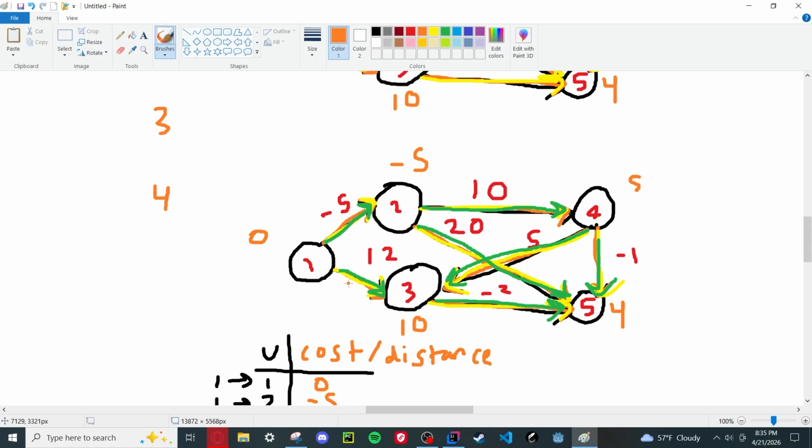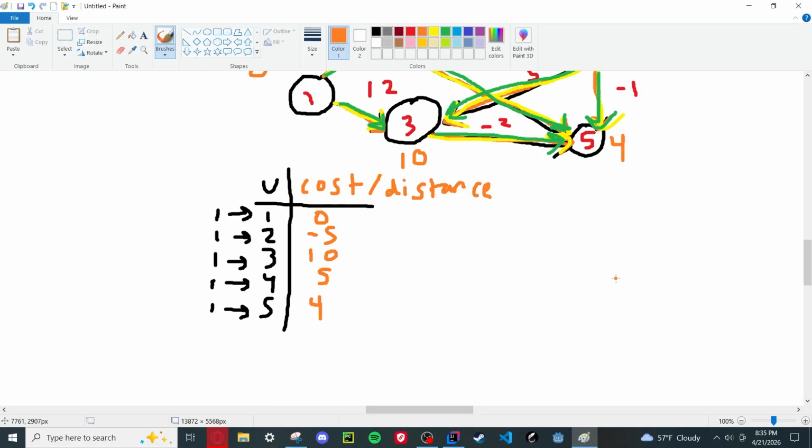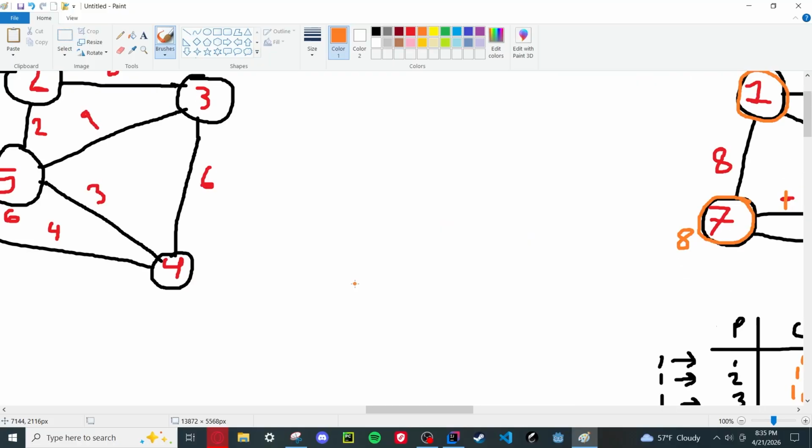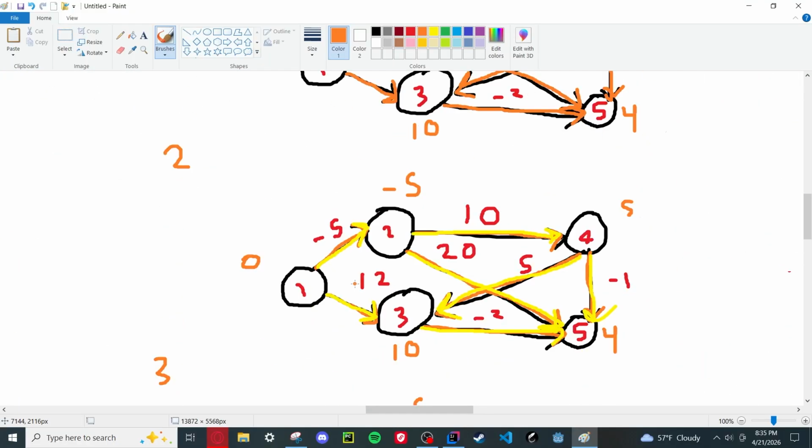I mean, we might be able to compute some. Maybe if we know it's 4, then it's -5. Right? -5 plus 10 is 5. Minus 1 is 4. So go this way. So maybe if you know the distance, it's easy to find out the path. But these don't. I'm just reiterating the fact that Bellman, Floyd, Dijkstra, they don't tell you the path.